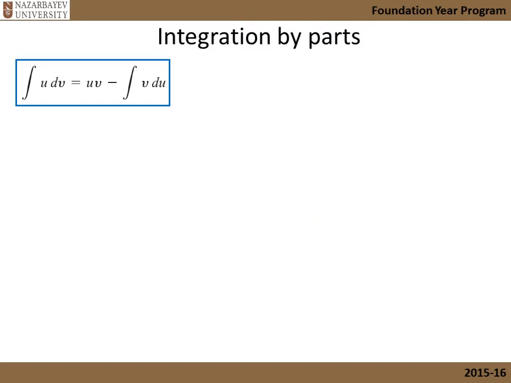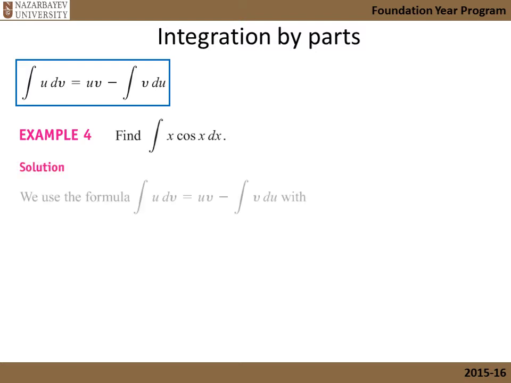Our next integration technique is integration by parts. If we have this integral of u dv, and if we can very easily calculate the integral of v du, we can use this formula. Let's look at the example. We need to find this integral of x cosine x dx. We use this formula and we denote our u as x. It means our du will be equal to dx. Our dv equals cosine x dx.